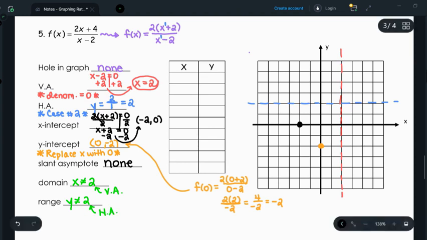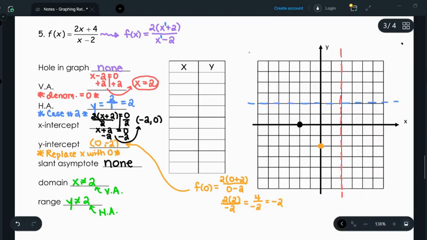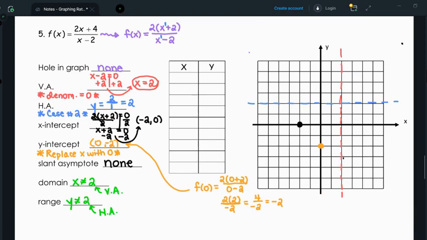Now we need some points in between all of these. So remember, I'll go ahead and start labeling kind of 3 points to the left of my vertical asymptote dotted line and 3 points to the right. So my vertical asymptote dotted line is at 2. I don't know what's happening at 1, so I'll include it in my table.